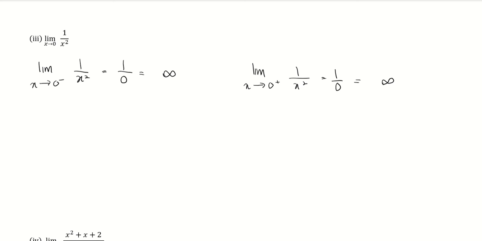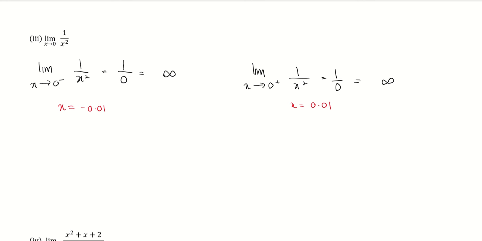So we need to choose a value for x. Here I choose x equals negative 0.01, and for this one I choose x equals 0.01.